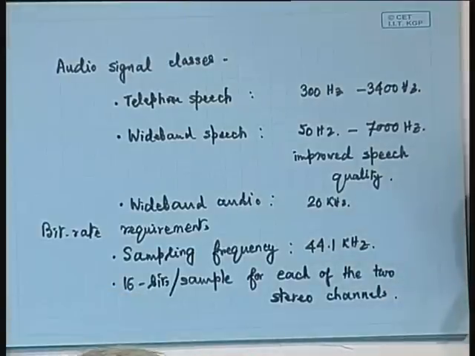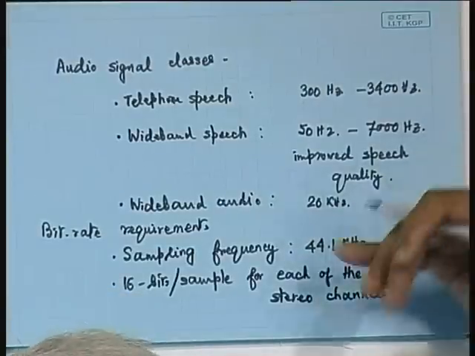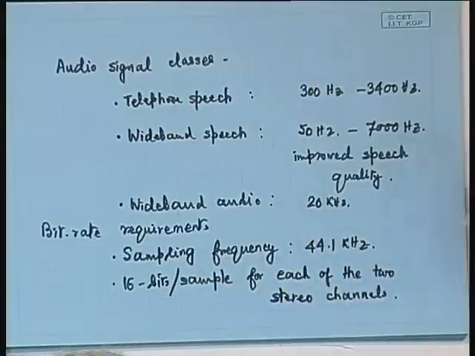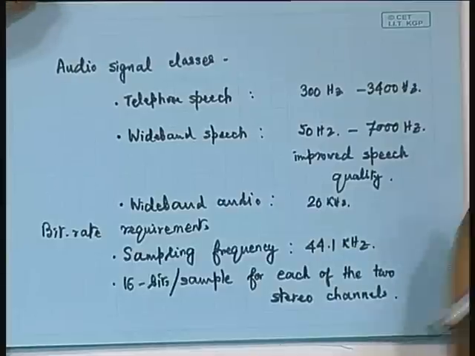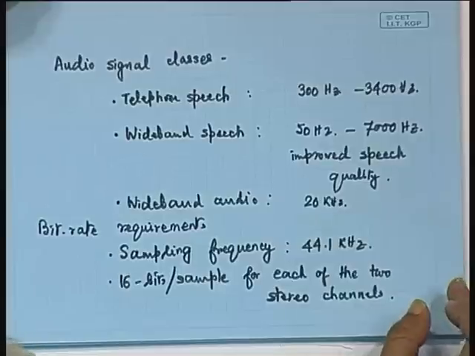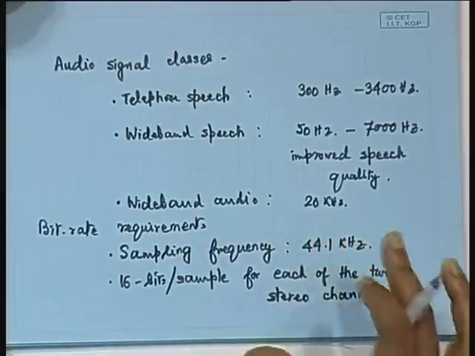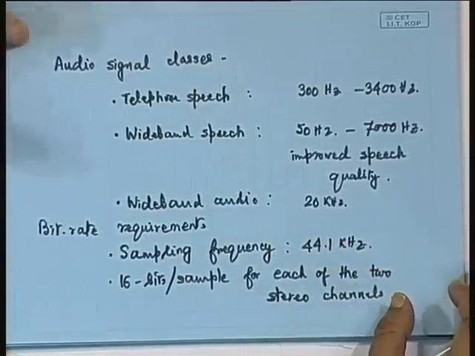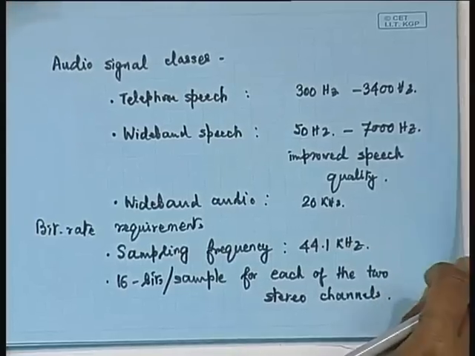Now if you consider these specifications, 44.1 kilohertz sampling rate, 16 bits per sample per channel, and there are 2 such stereo channels. So, multiply 2 by 16 by 44.1, and we should get the bit rate that will be required for the raw audio transmission, meaning before any compression is applied.